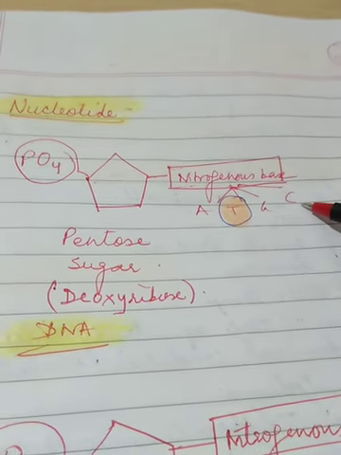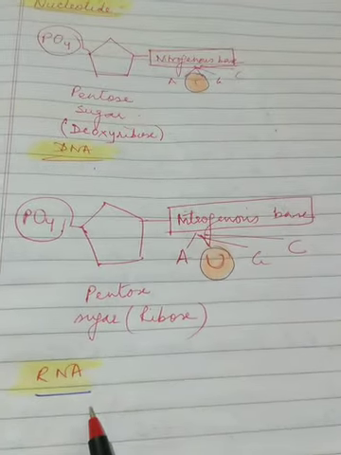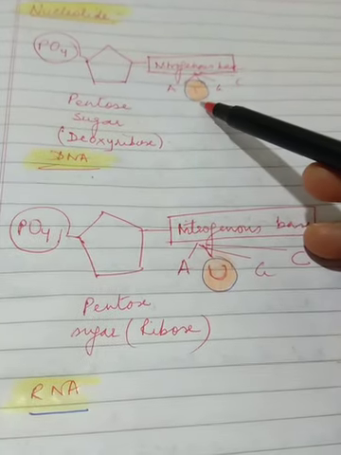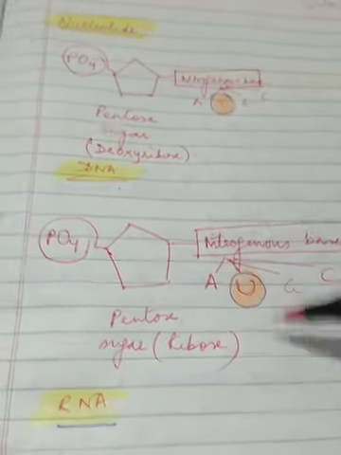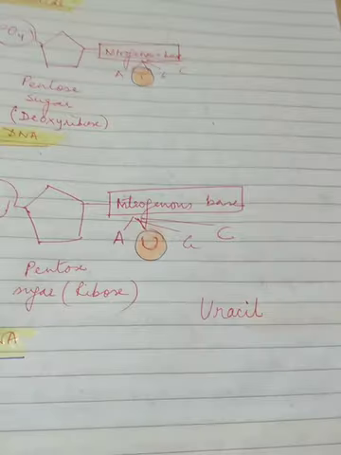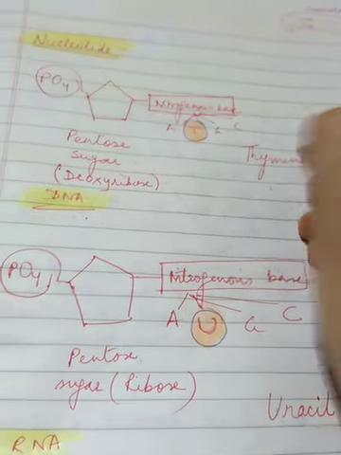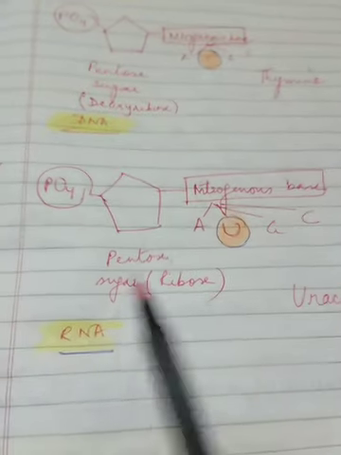But when you talk about the nucleotide in RNA, children, everything remains the same except the nitrogenous base thymine is replaced by uracil. Spelling is U-R-A-C-I-L. So this will be replacing thymine of DNA. The rest of the things remain the same, but yes, one more difference.